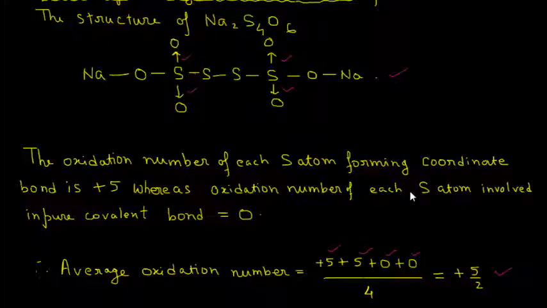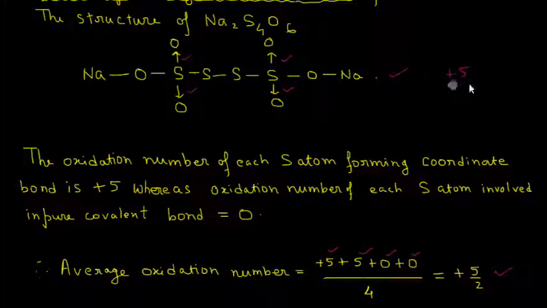So we have 4 covalent bonds and 4 coordinate bonds, and for each coordinate bond the oxidation number of sulfur is +5.